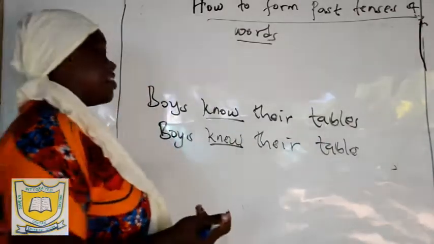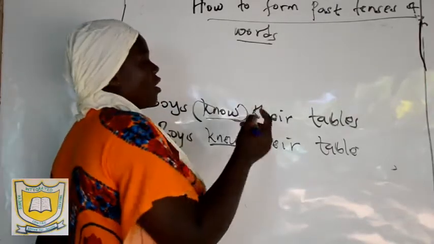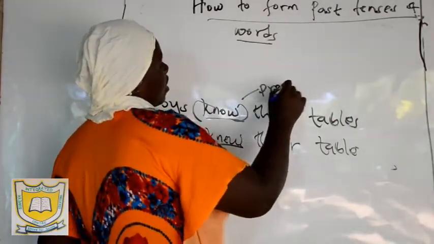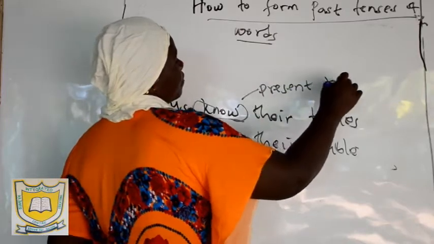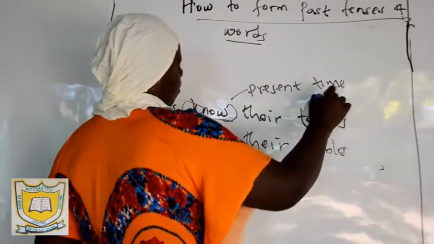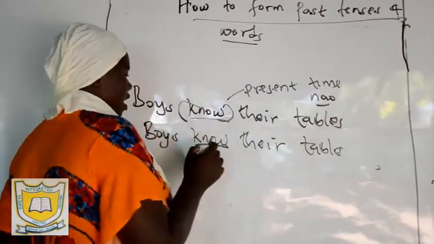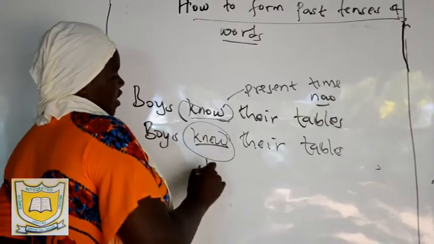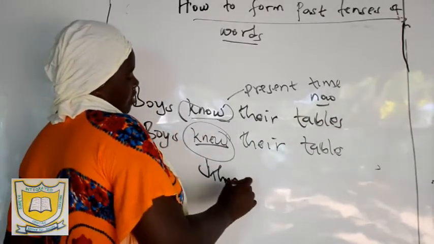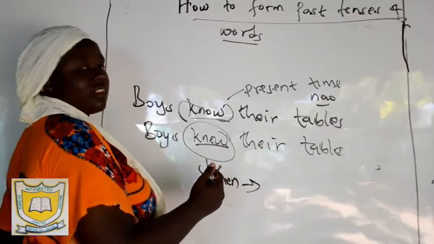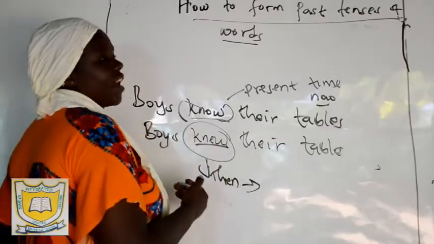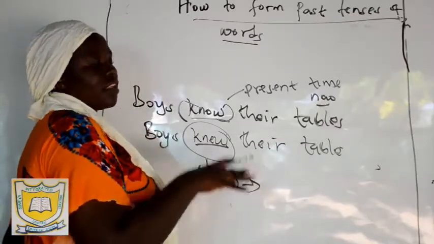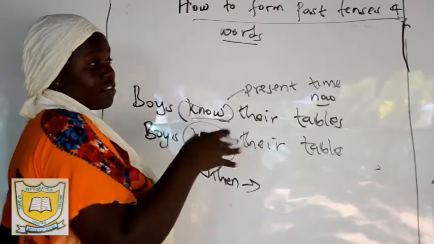Know is my present tense. That means now, at the present time. Boys know their tables. Now, if I say knew, then it is then. Something happened, and it is no longer in progress.